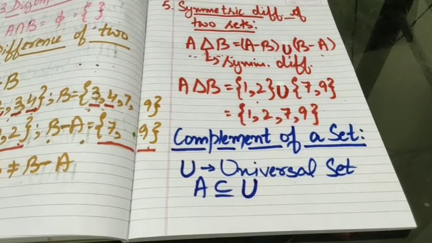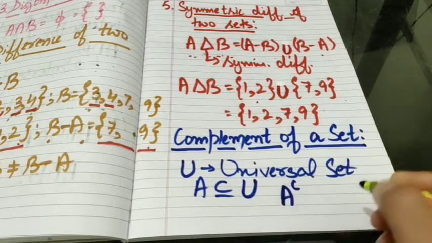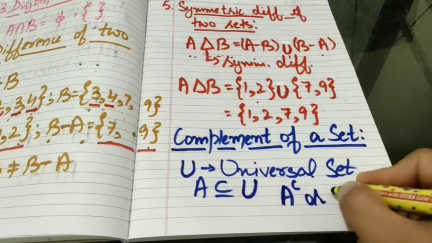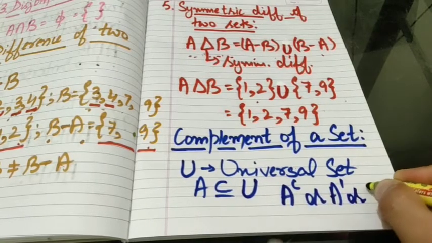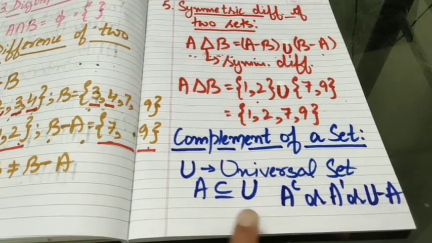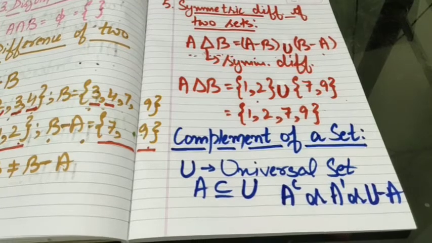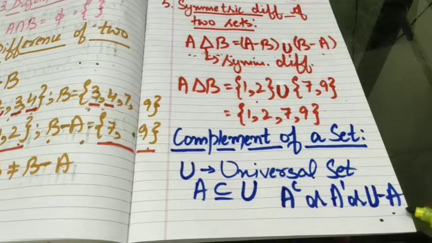Then complement of set A is denoted by the sign A complement or A dash or U minus A. Since complement of a set A is equals to universal set minus set A, so it will include those elements of universal set which are not in A.